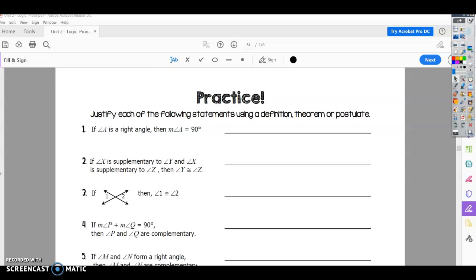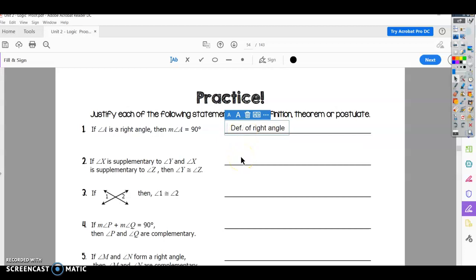So number 1 says, if angle 1 is a right angle, then the measure of angle A equals 90 degrees. All right, so that's going to be the definition of right angle. That was one of the definitions that we looked at.